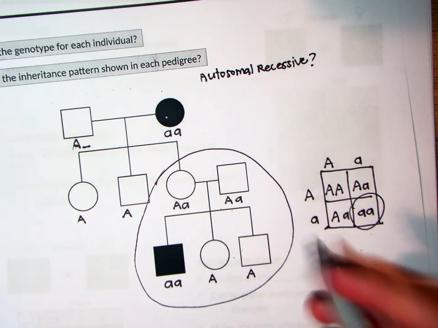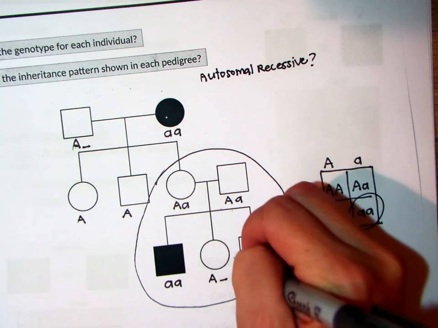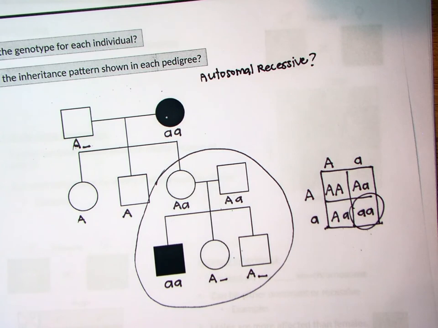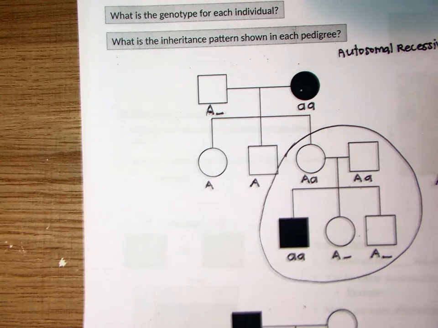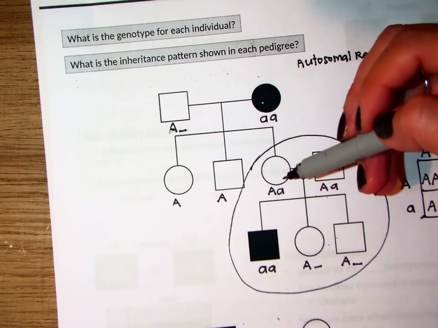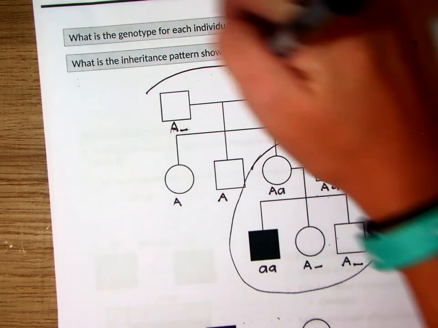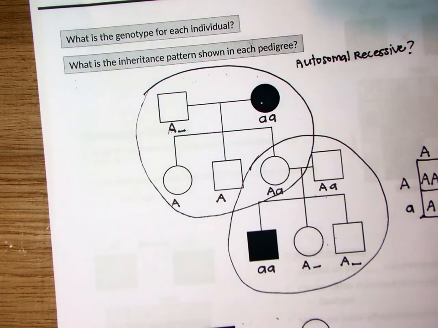So we kind of draw a dash like that. We just know they have a big A somewhere. All right, and the same goes if we're looking at this family now. This one also could be big A, big A, or big A, little a.